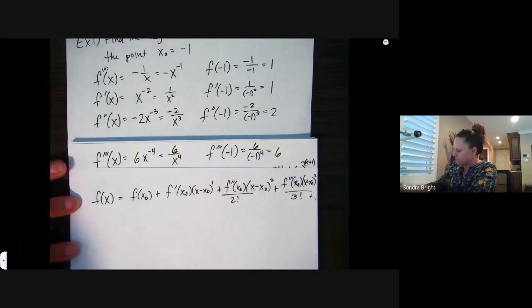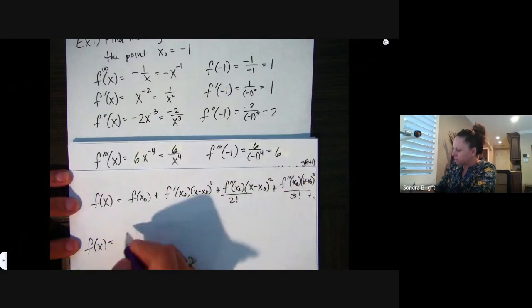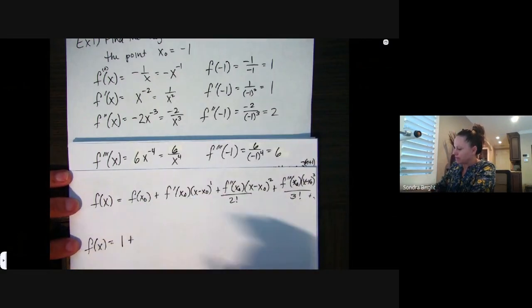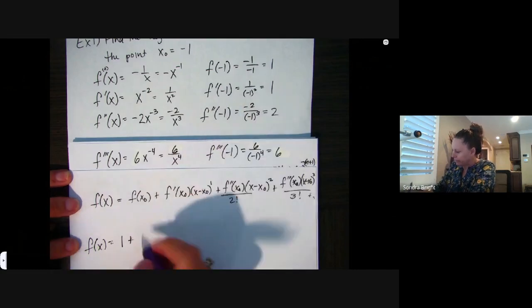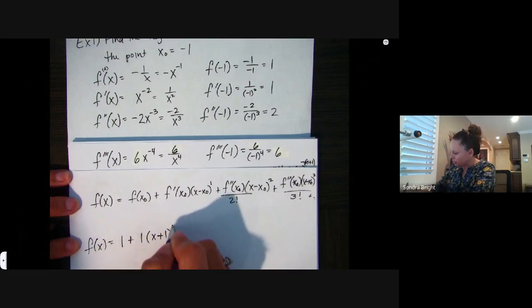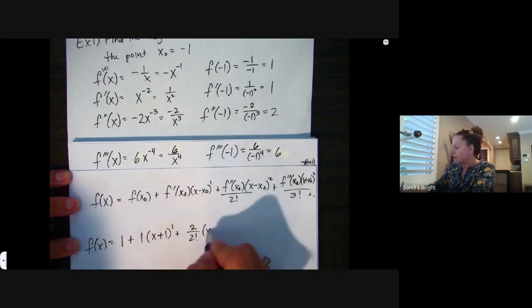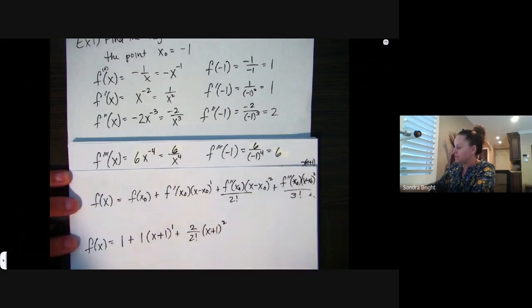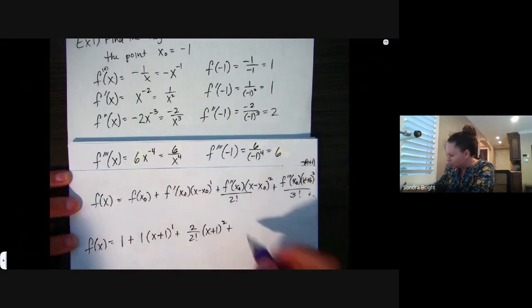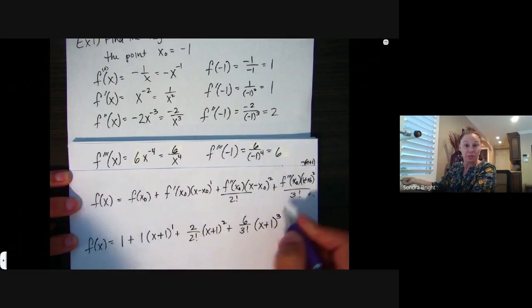And we found all of these guys, right? So that means that your f of x is a 1 plus the first derivative here, 1 times x minus negative 1 to the power of 1, plus the second derivative was a 2, so it would be 2 over 2 factorial times x plus 1 squared, plus the third derivative we found was 6, so 6 over 3 factorial times x minus negative 1 cubed, plus, and it would keep on going like that, right?